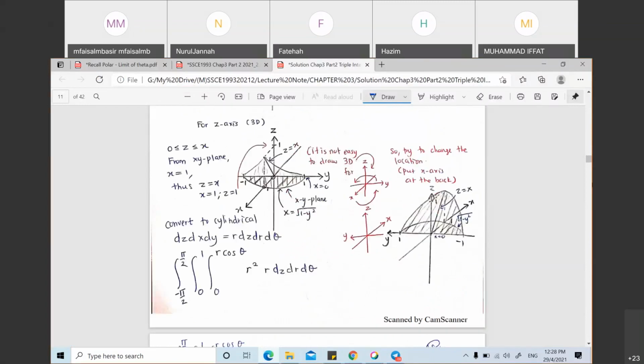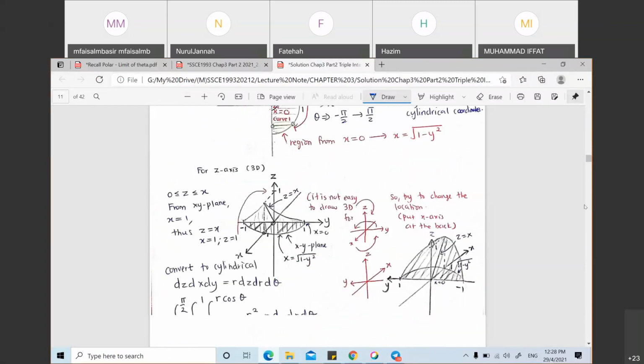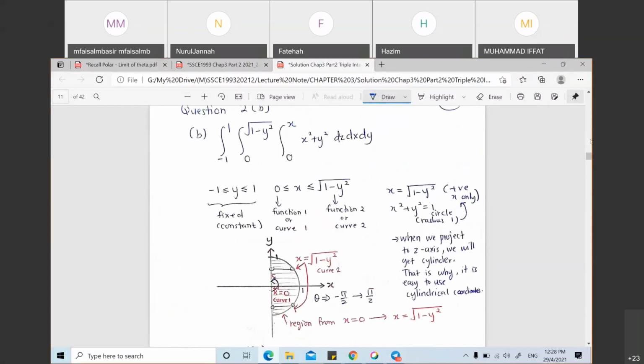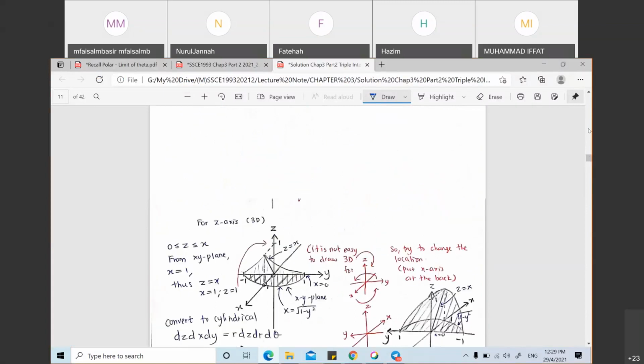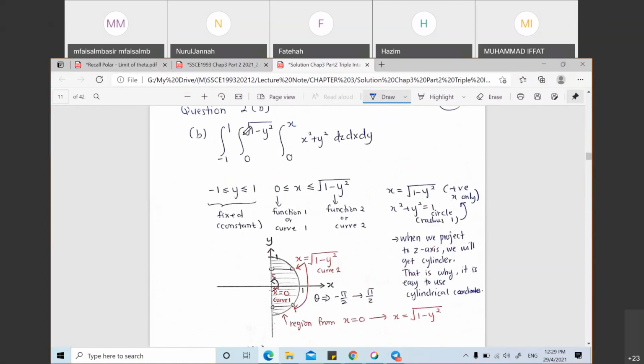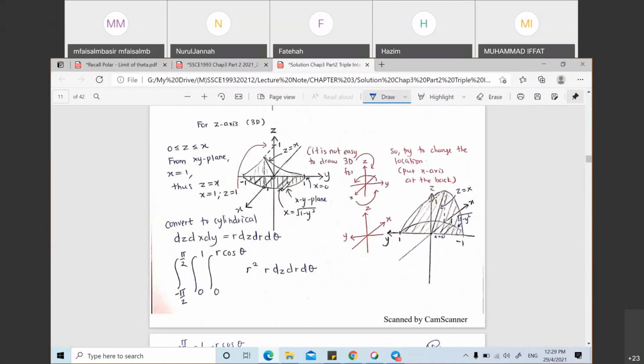So see, if I draw it in 3D, it will be like this. It will be a little bit not so nice, because z equals y is a plane. And then if I draw this, it is a circle, which is this.